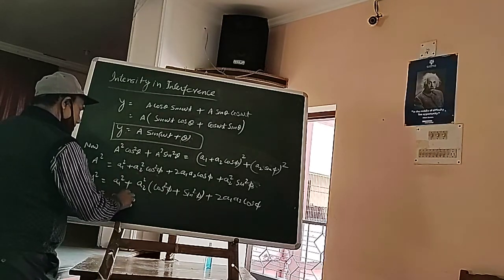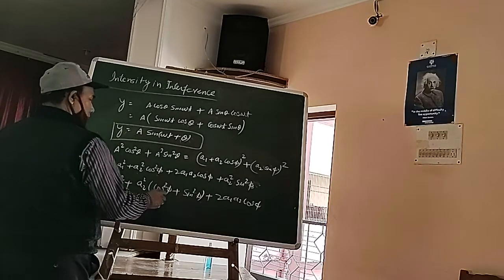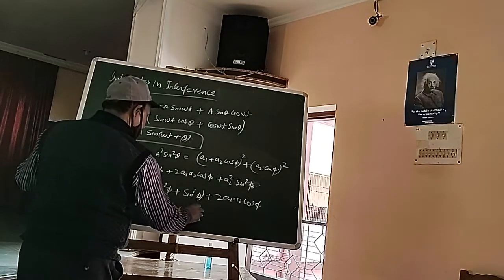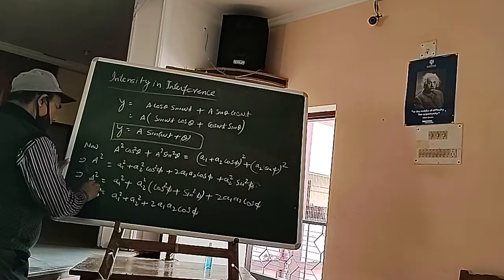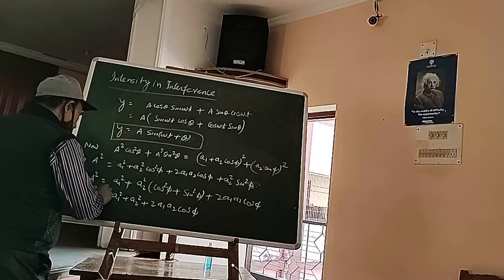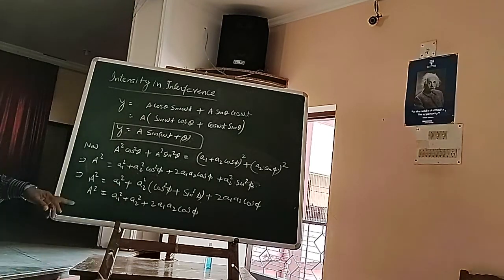So a1 square plus a2 square plus 2 a1 a2 cos phi is A square.